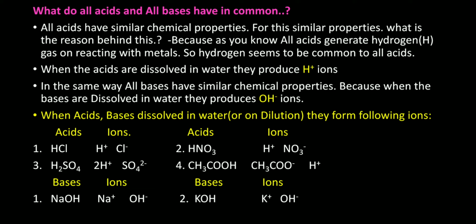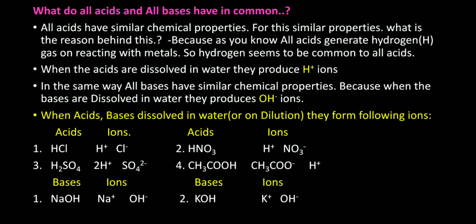Next, acid number 2, HNO3. When dissolved in water, it produces H+ and NO3- ions. Third acid, H2SO4. When dissolved in water, it produces 2H+ and SO4 2- ions.